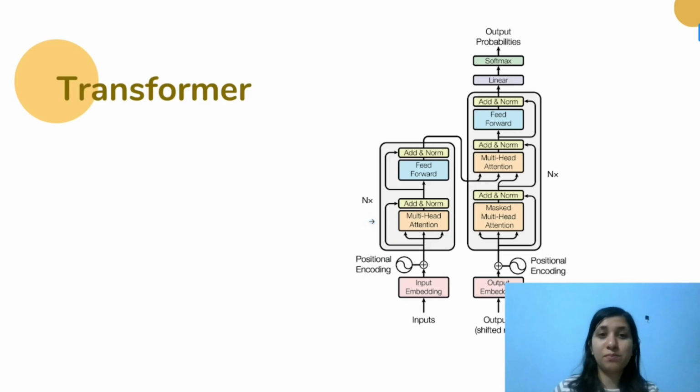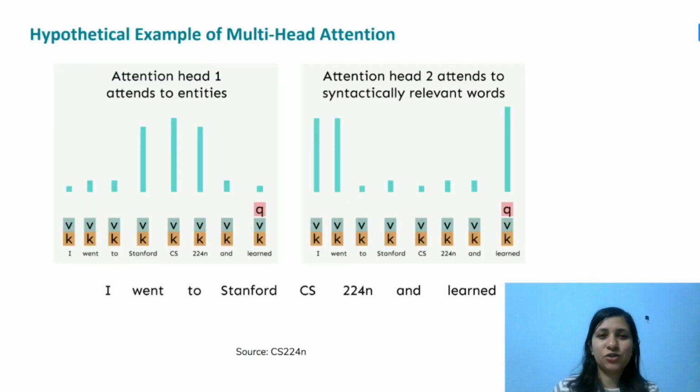So why multi-head attention? We have a number of heads in the transformer to calculate the self-attention scores. So why multiple heads? Here I have the sequence: I went to Stanford CS224 and learned. Here the query is the word learned, and it attends to all the words in the sequence.